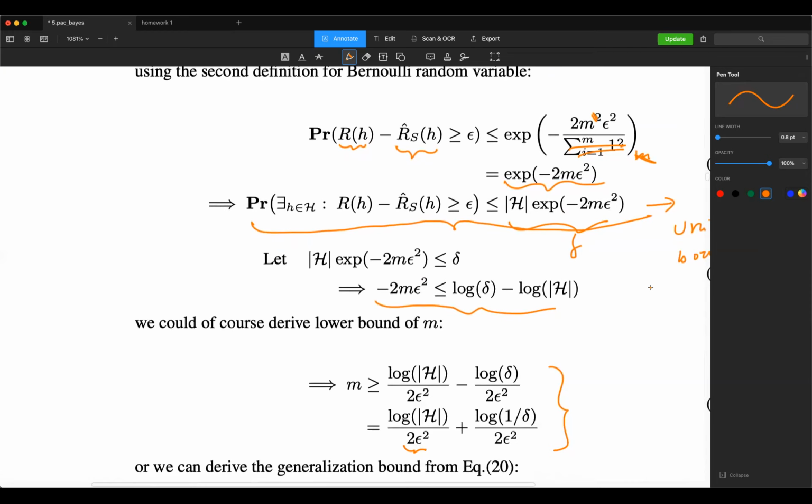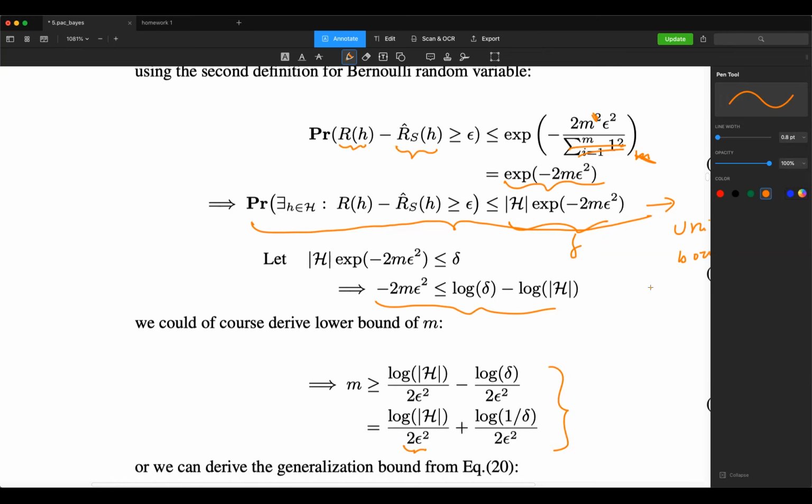One of the things that people have to be aware of is that because of concentration inequality, you have the less than or equal to, and that actually gives you a lot of creativity. This is not entirely accurate, but when you're deriving a generalization bound, I would say this is the artistic area of mathematics. Because when you have less than or equal to, you don't need to get exactly the same answer. For a lot of the traditional models, people are competing against each other to derive tighter and tighter bounds, especially for very common models, because everyone tries to derive the generalization.